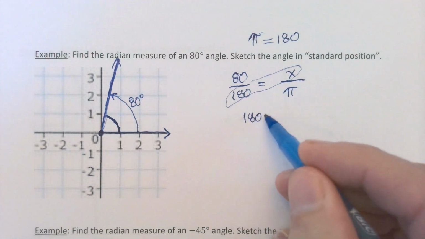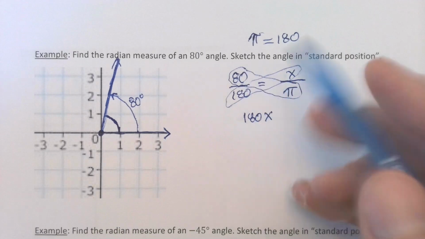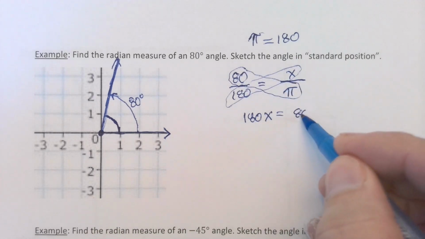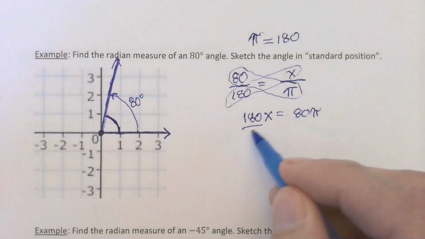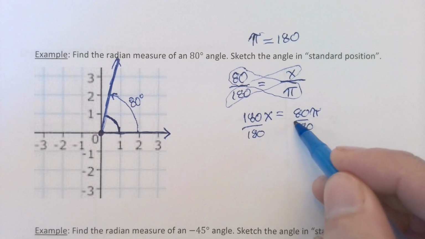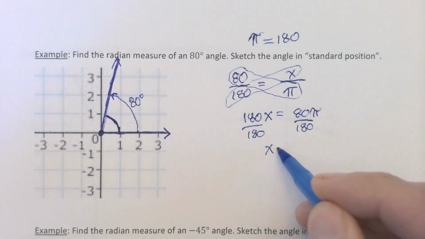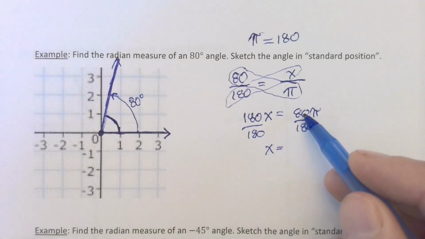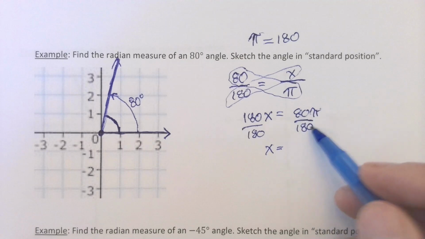Don't get too invested in this because I'm going to show you a shortcut in a second here. You can multiply these, and then you could divide both sides by 180. And then you would know what x is. You would know your radian measure equivalent to 80 degrees. Now that looks like this: 80 over 180 times pi, or 80 times pi over 180.